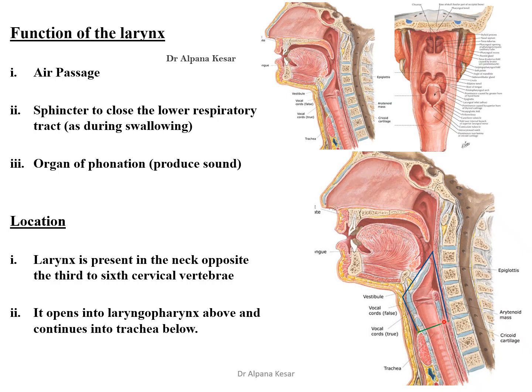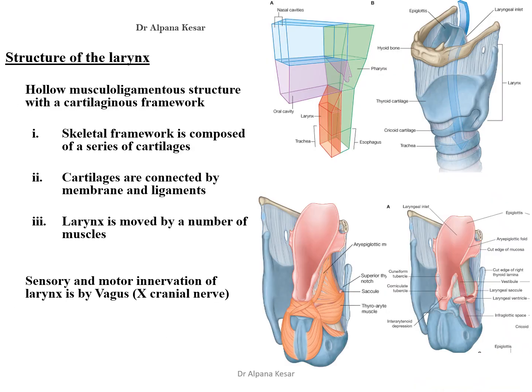Location of larynx is in the neck opposite third to sixth cervical vertebrae. Larynx opens into laryngopharynx above, and below it continues into trachea. Structure of larynx. Larynx is a hollow musculo-ligamentous structure with cartilaginous framework.